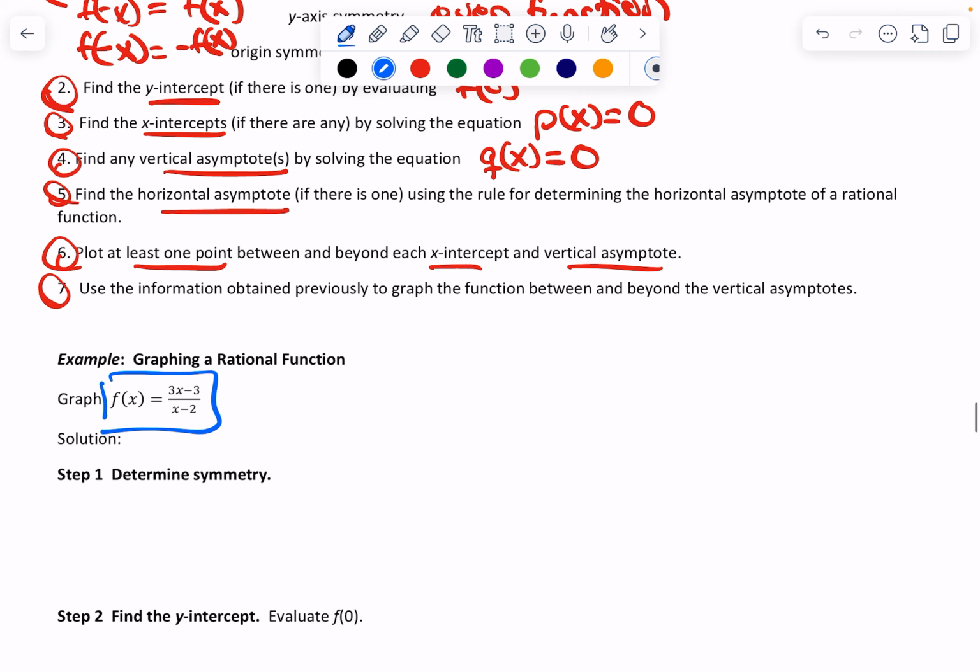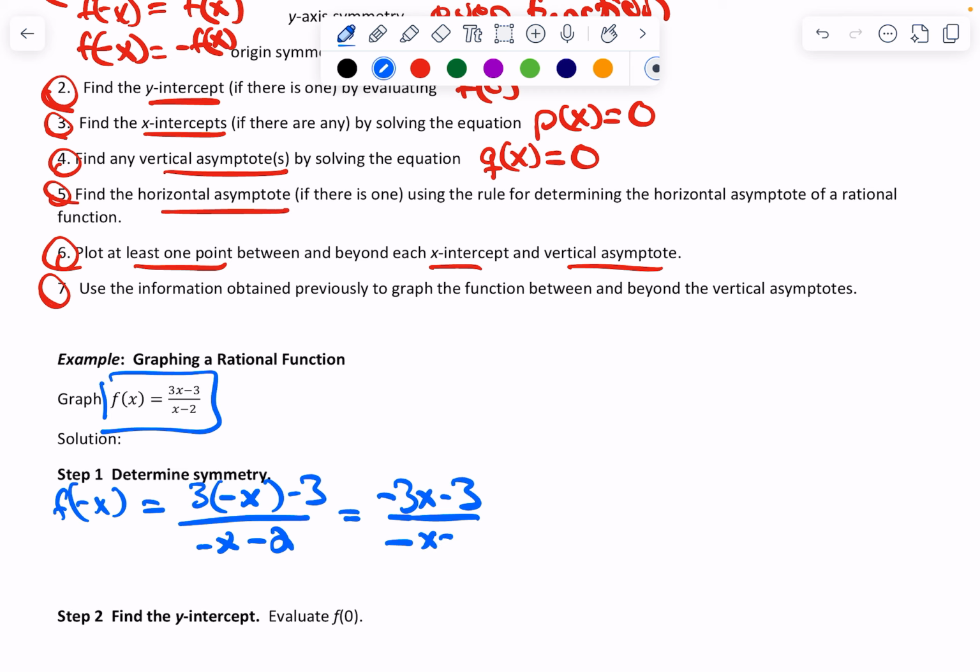So we plug in f of -x: 3 times -x minus 3 divided by -x minus 2, which is -3x minus 3 divided by -x minus 2.